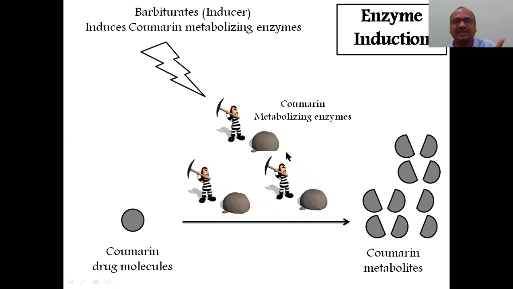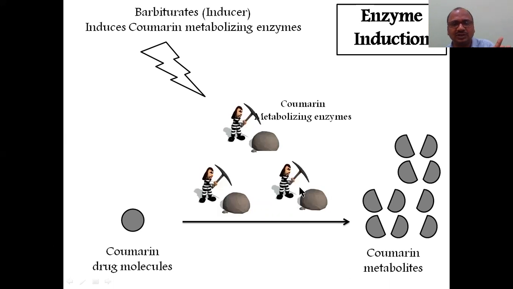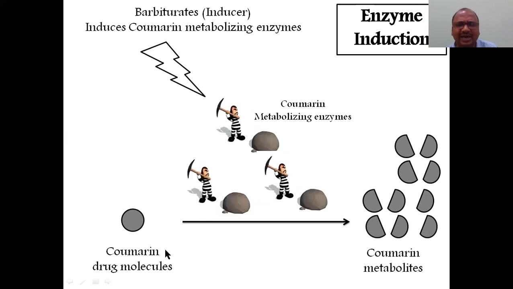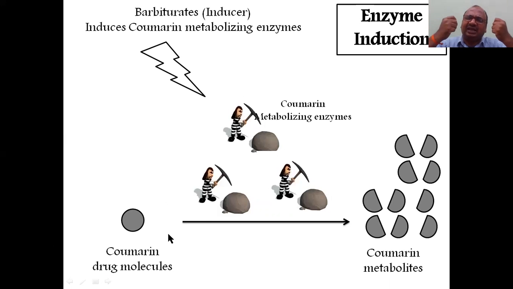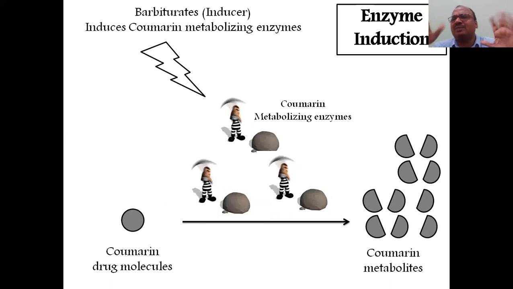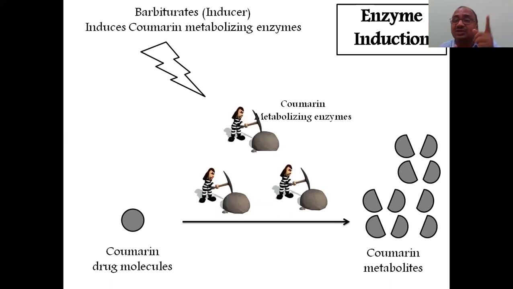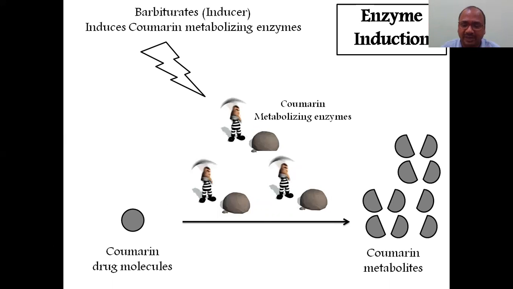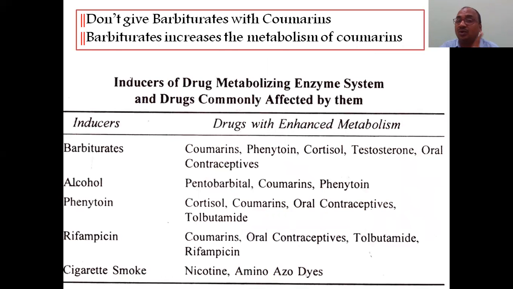See how many enzymes there are now? 1, 2, 3. The number of enzymes is increased, so coumarin drug molecules are very few. Immediately the entire coumarin drug is metabolized. So even though you are taking coumarin tablets, it is a waste along with barbiturates. Don't give barbiturates along with coumarin, because coumarin will be metabolized very fast.